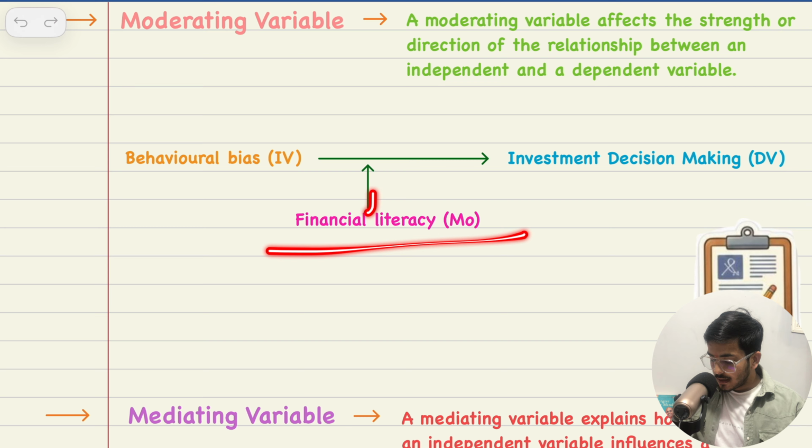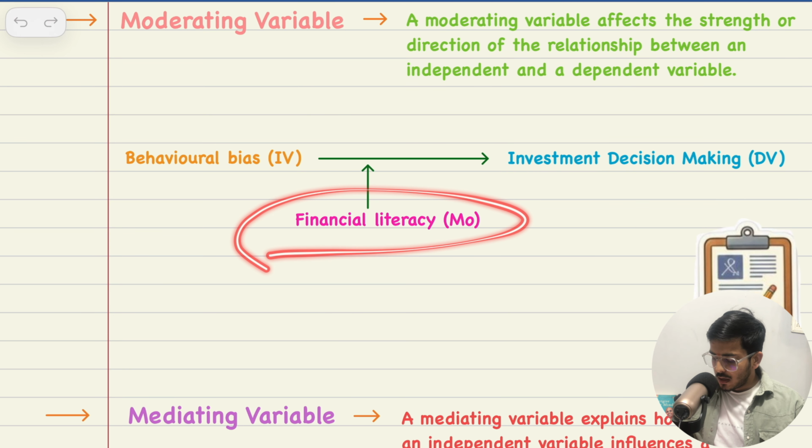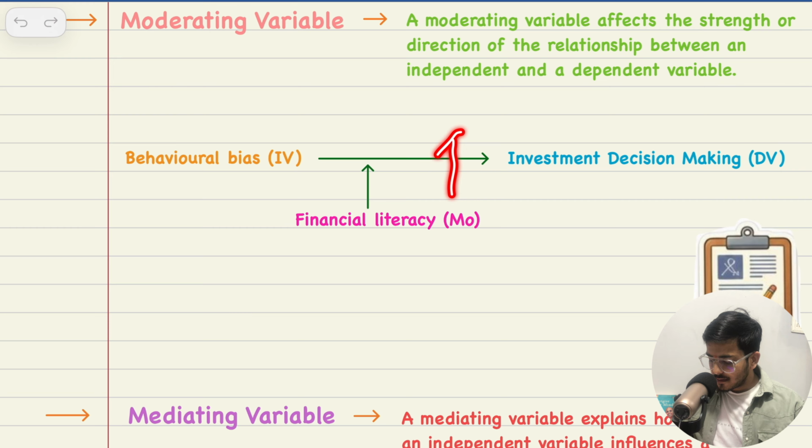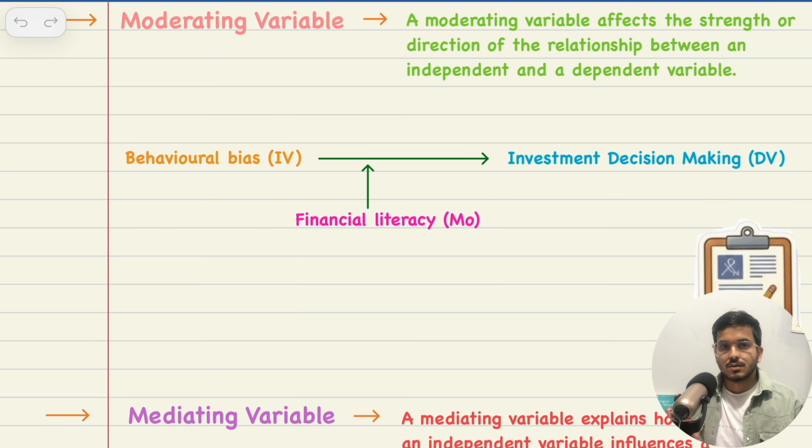It is impacting the relationship between these two variables. So financial literacy either will improve the investment decision making or reduce the impact of behavioral biases, or it will do nothing, or it will increase the impact of behavioral biases. That is what an intervening variable in the form of a moderating variable does.